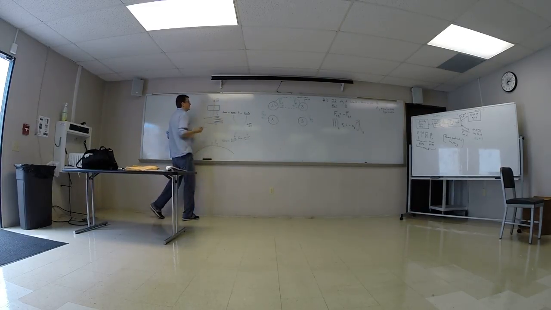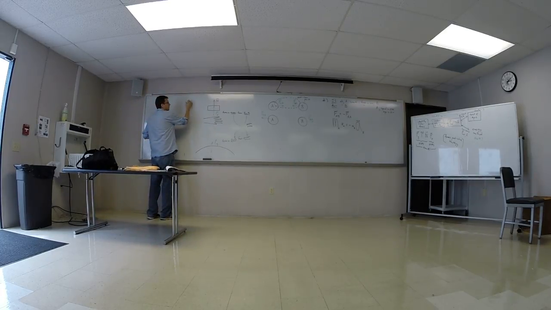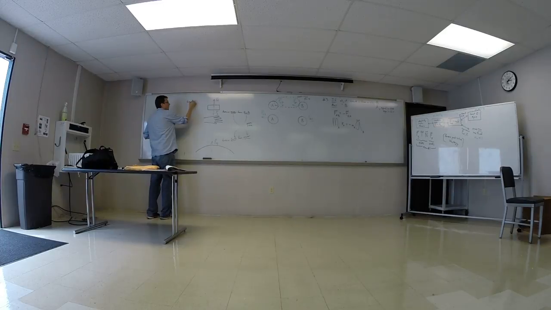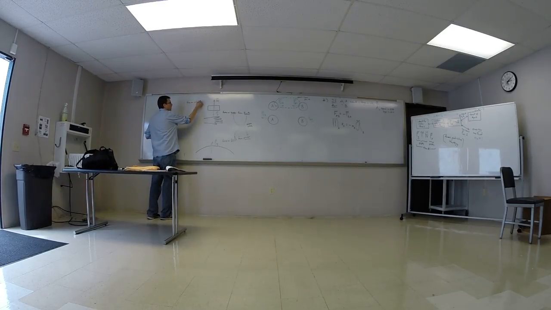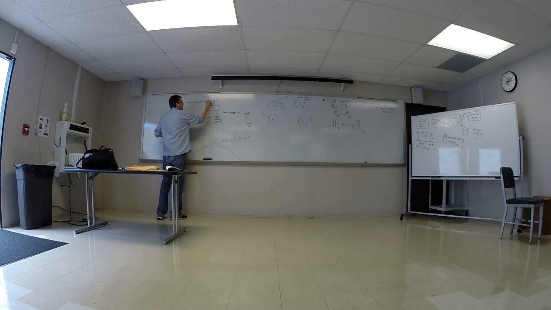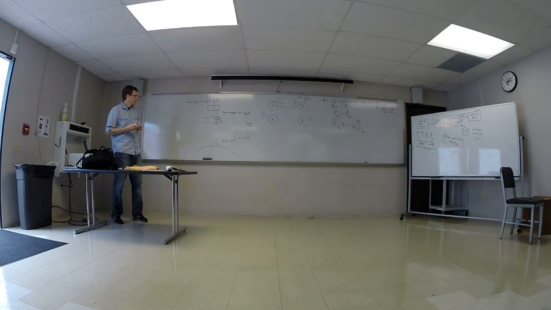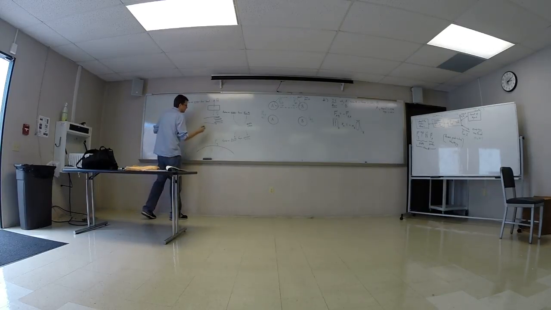Let's figure out what this is. This is the force on the eraser from what? The hand. So this is speaking to an eraser and hand interaction. So I can put down its pair.